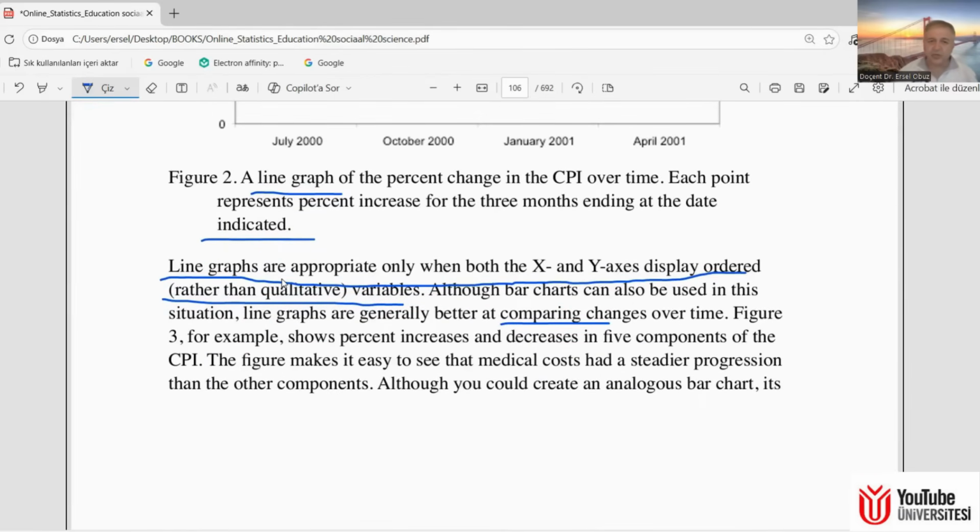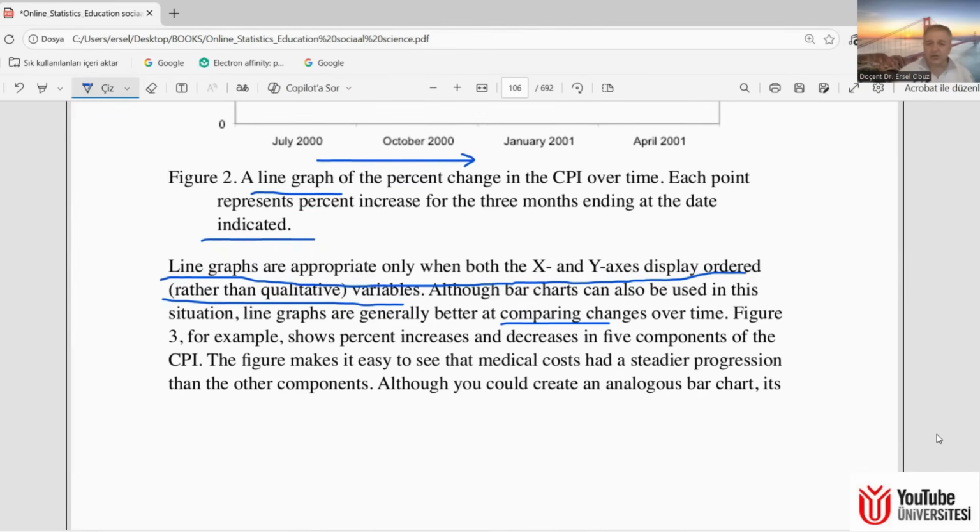Okay, line graphs are appropriate only when both X and Y axis display ordered data, like time series, like, you know, July, October, January, April, you see it goes like this. So it is going to be ordered, okay?